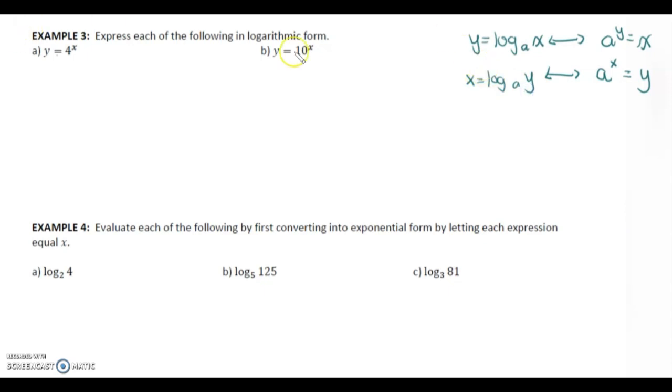The only thing that's changing here is that the x and y are just written in different positions. No big deal. So to write this as logarithmic, we're saying 4 to what exponent equals y?